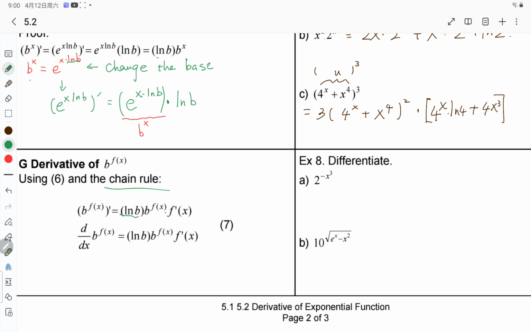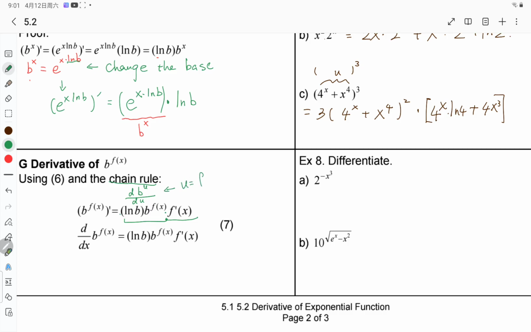And then just multiply it. And then the second layer of the chain rule is just f prime x, right? So the first layer is just d b to the u du, right?